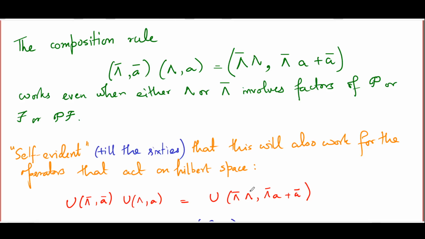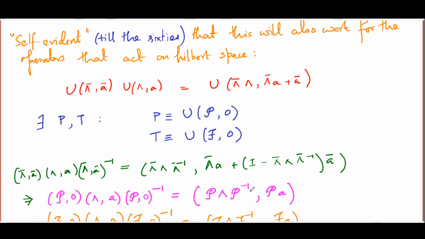U of (lambda bar, a bar) times U of (lambda, a) should be equal to U of (lambda bar lambda, lambda bar a plus a bar). In particular, what was considered to be obvious is that if you consider purely a Poincaré transformation which has no translation, and the Lorentz transformation part is just space inversion or time reversal, you will also have a corresponding unitary or anti-unitary operator for that.